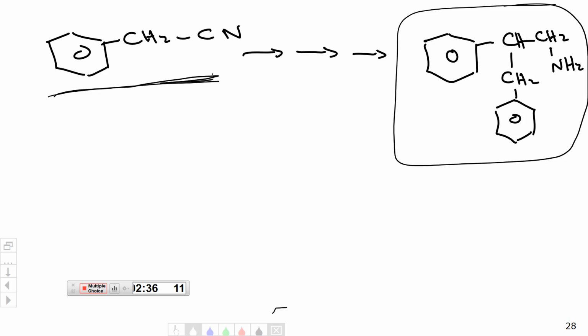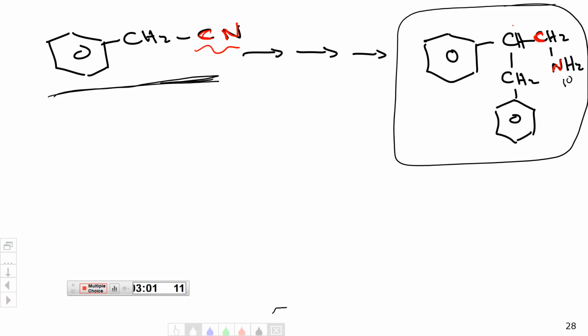Looking at the end material, I see a primary amine. This is the point where I should identify that this is a primary amine. Usually the reduction of a C triple bond N always ends up with a CH2 and NH2. So I'm mapping it back, saying this and this are these 2 in here after reduction. I don't know when I'm going to do the reduction, but there is a reduction that needs to be done.